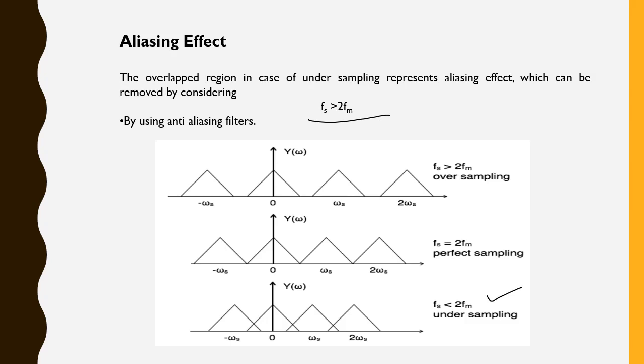In that case, I can see the higher frequency components getting overlapped with my original message signal. So that should not happen. In order to avoid that, we are looking for the best suited sampling frequency that we have to consider along with the frequency of the message signal.